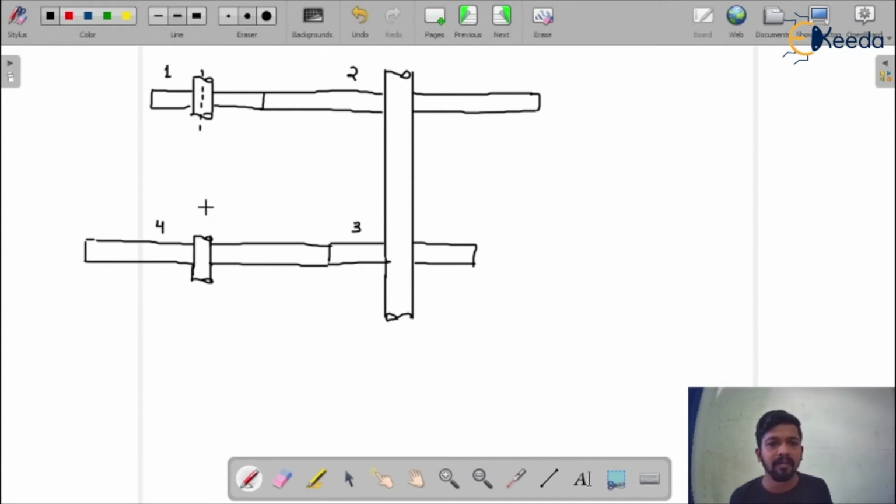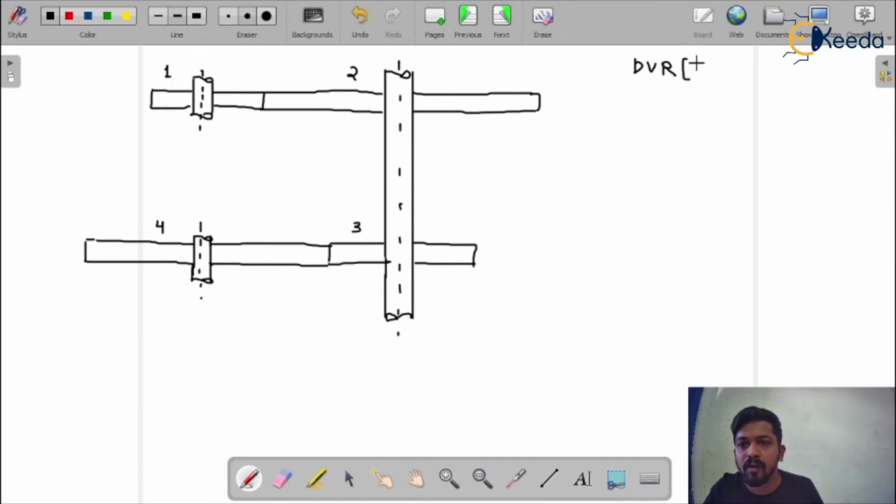We want to connect the two coaxial shafts here, and whatever the rotation of 2, 3 has the same rotation. So what are the drivers in the structure? I am going to write that the drivers are 1 and 3, and the driven are 2 and 4.